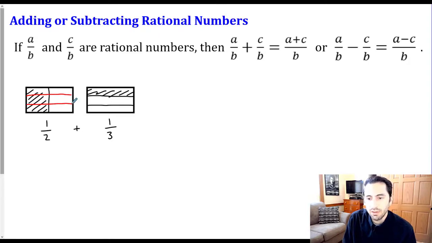And if I take a look at what I have shaded here, I have 3 regions that are shaded. So 3 out of the now total 6, that's the same representation as the 1/2. In my second rectangle, we'll split this in half, and here we can see now I have 2 regions shaded.